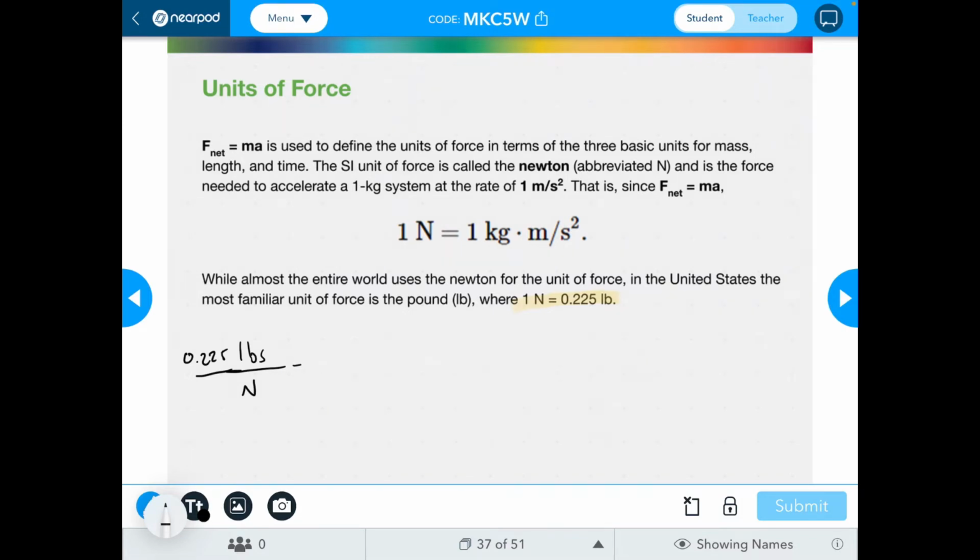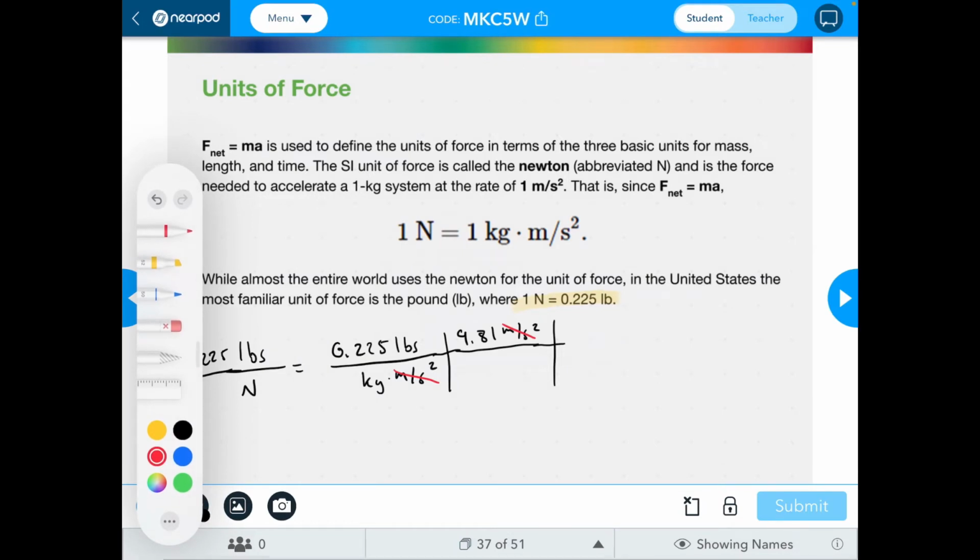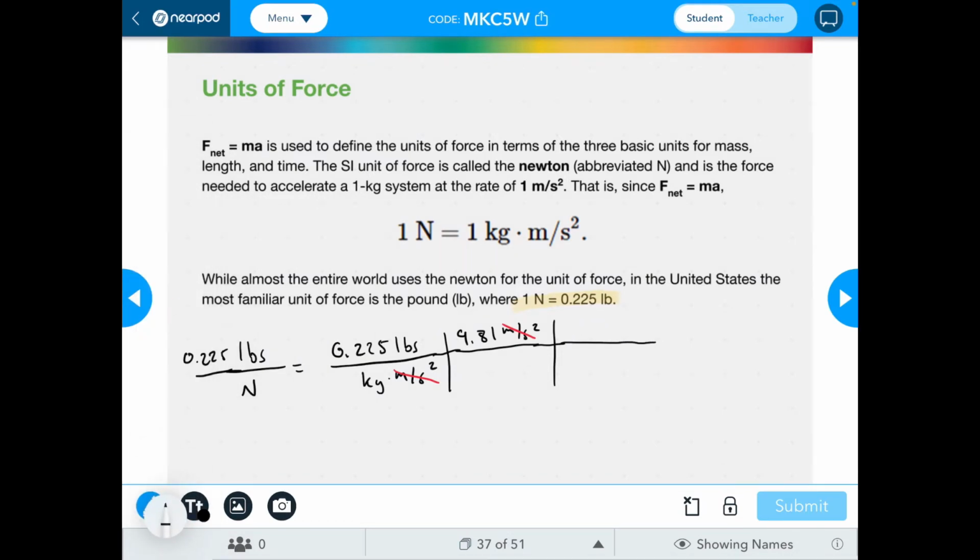Well, this is the same thing as 0.225 pounds over kilogram meters per second squared, right? Because they're the same thing. So if I multiply this by 9.8 meters per second squared, that's going to cancel out the meters per second squared on the top and bottom. Now I'm just left with pounds over kilograms. So pounds per kilogram.